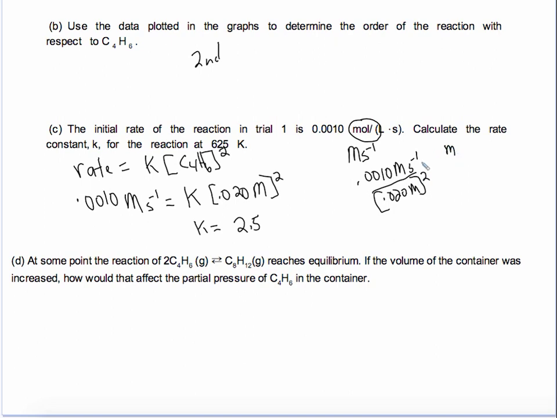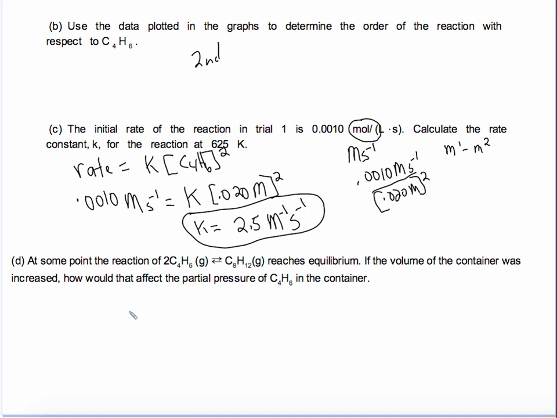Basically, you're going to have a molarity to the first power divided by a molarity to the second power. What you end up getting is 2.5 molarity to the -1 power, because a molarity divided by a molarity squared, you subtract the exponents. Seconds to the -1 still stay how they are. Okay, that's going to be the rate constant.